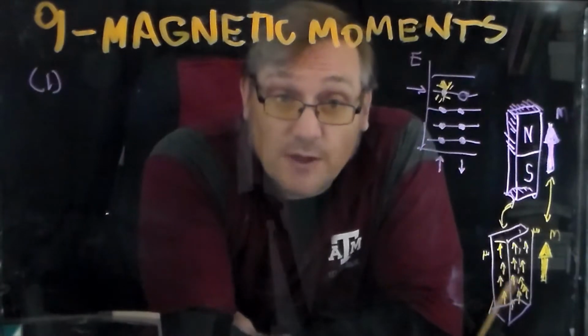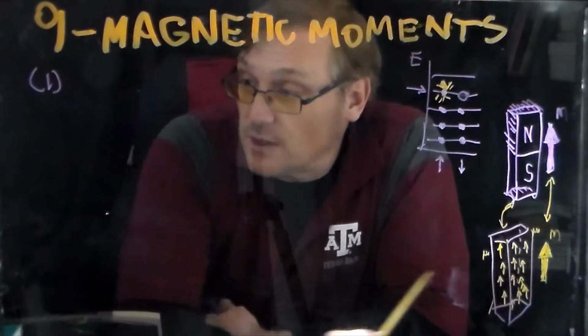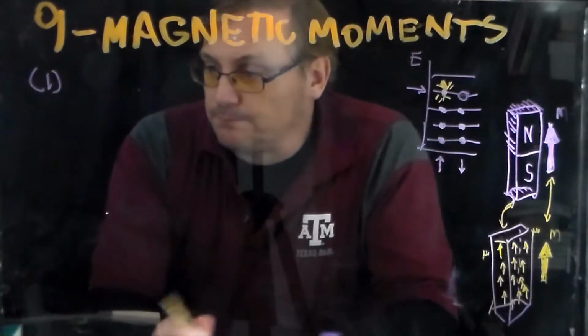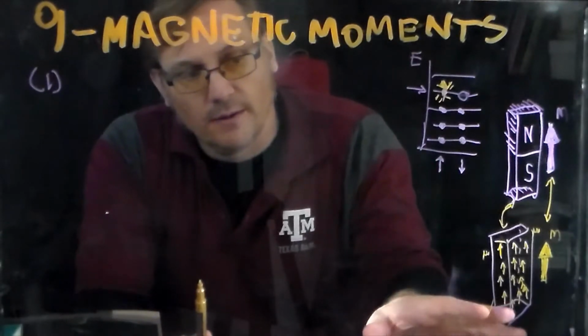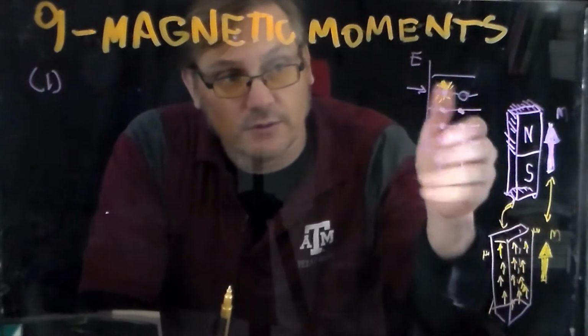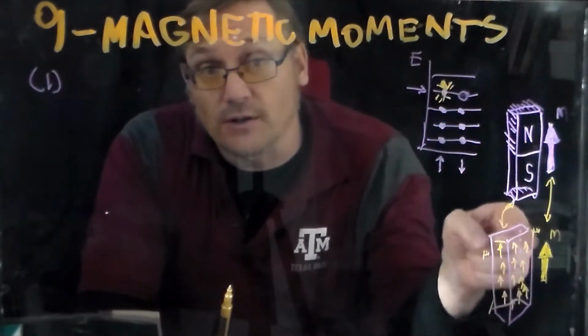Now, again, only special atoms correlate these different electrons, make them align, but other materials have uncompensated electrons. They just aren't coupled like this.